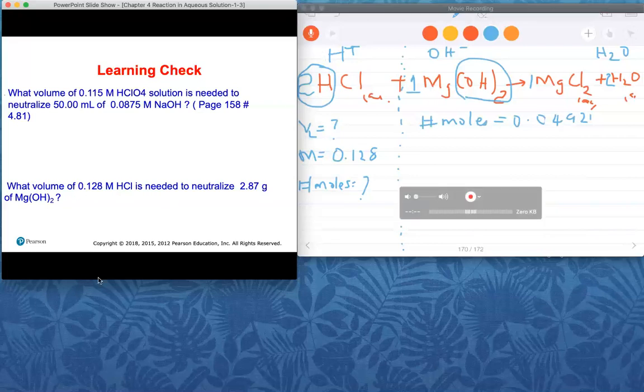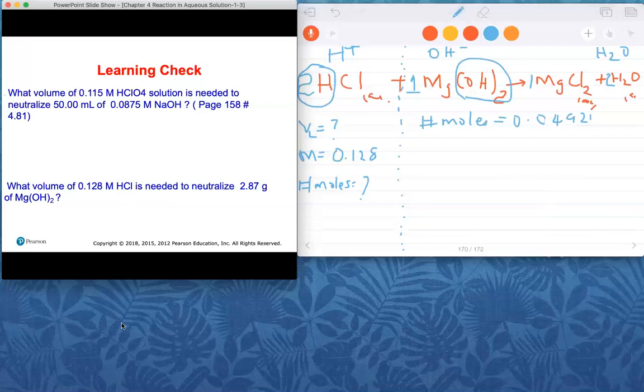So it's safe to say that the mole ratio is 1:1, which means the number of moles here is 0.04921.